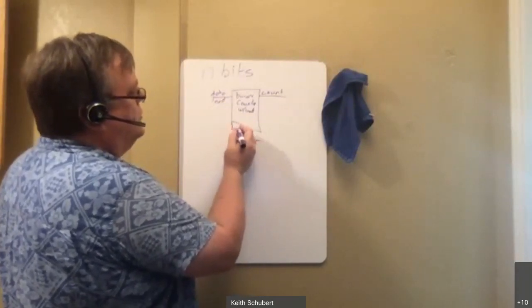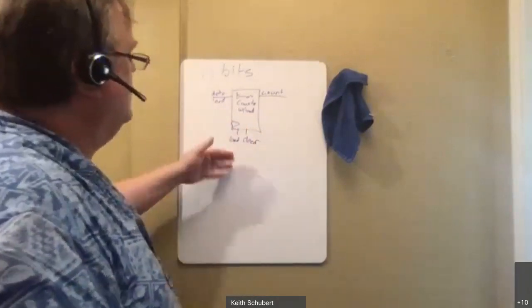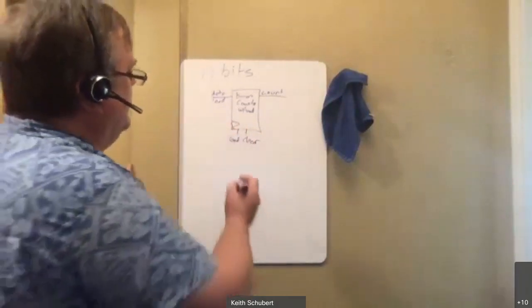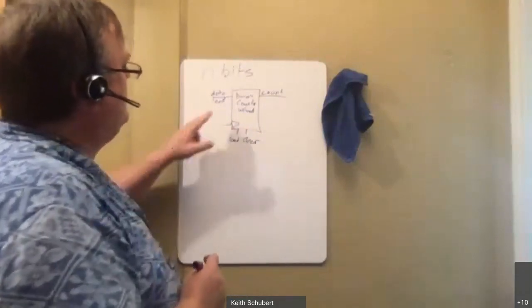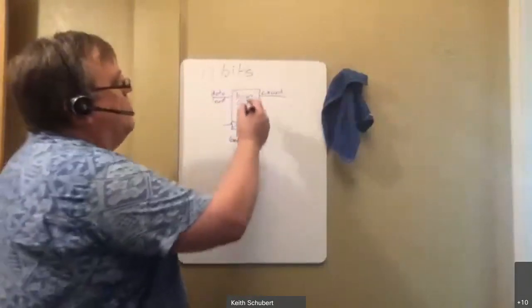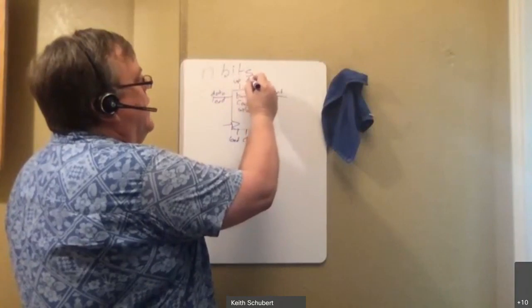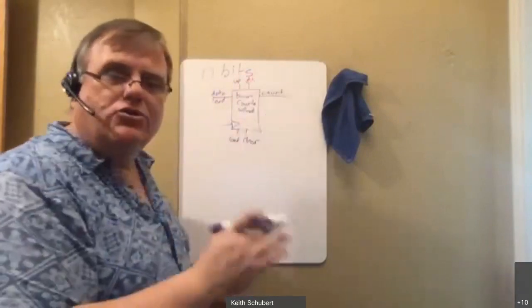And even though clock is a control, we traditionally stick clock down here. So I've got a load, I've got a clear, and I've got a clock input. I've got a data I can load, and I'll do a count. I might also have up and down. That's some extra options.